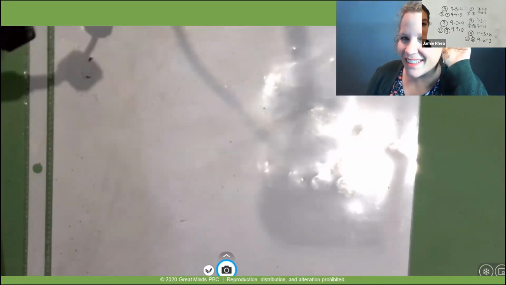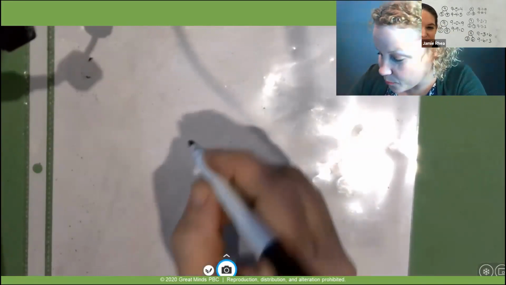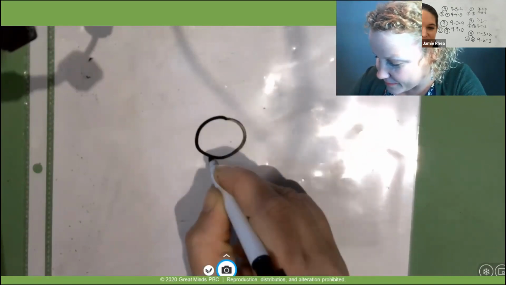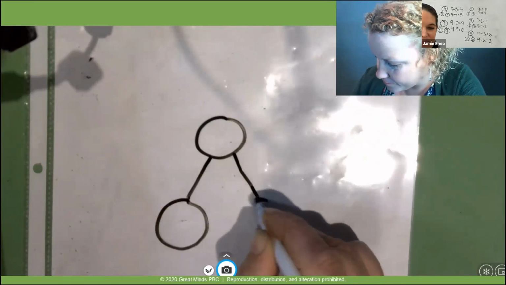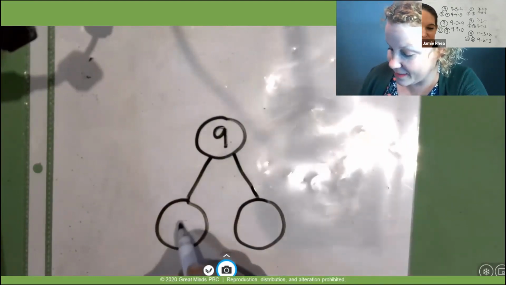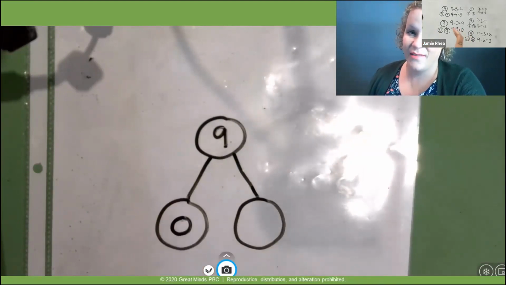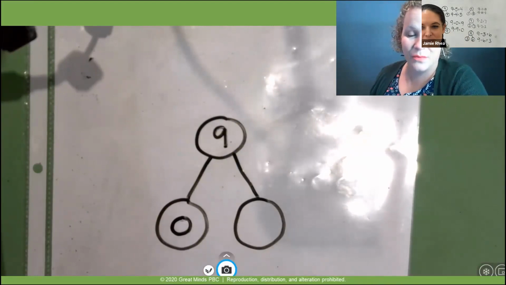We found one more, didn't we? There is one more. It's an important one. We can't forget it. It's when 9 is the total and 0 is one part. If we had 9 beads and we took away 0 beads, how many beads would be left?